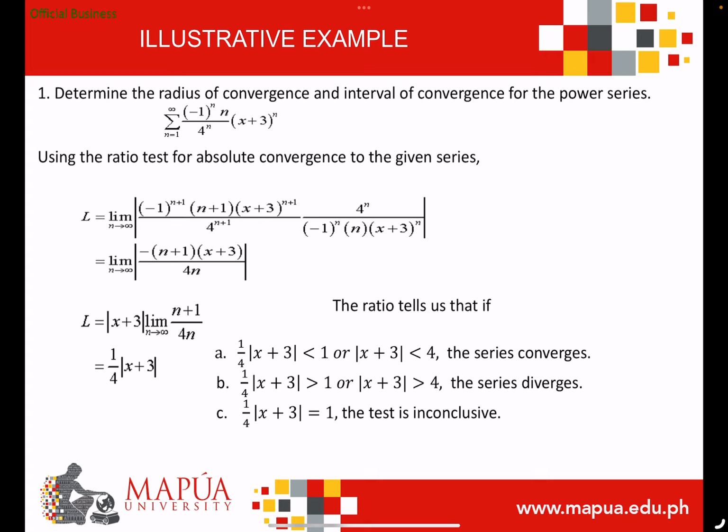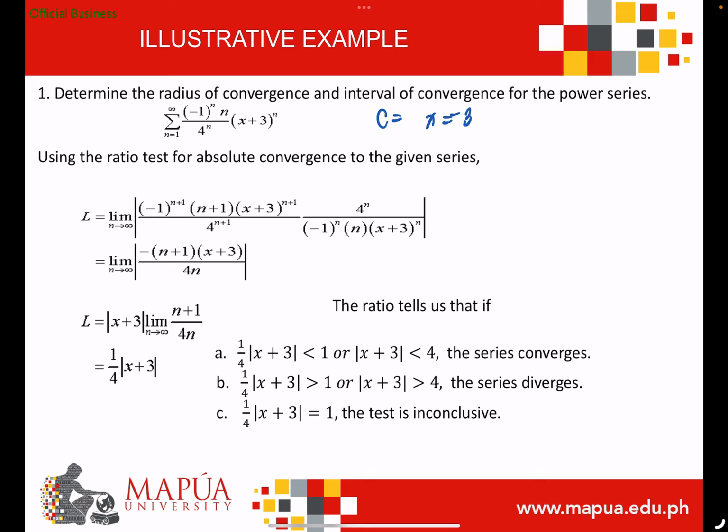Determine the radius of convergence and interval of convergence for the power series: the sum of negative 1 raised to n times n over 4 raised to n times x plus 3 raised to n. So the center is at x equal to negative 3.